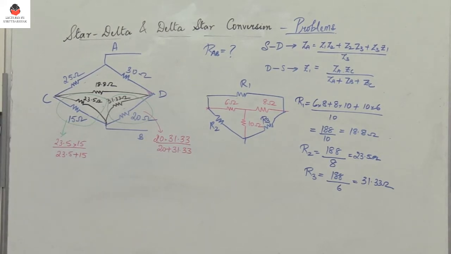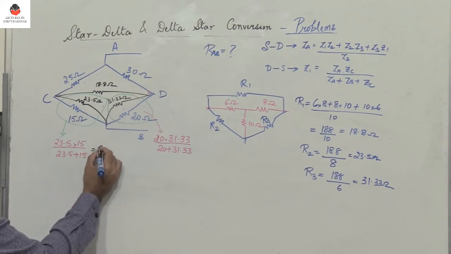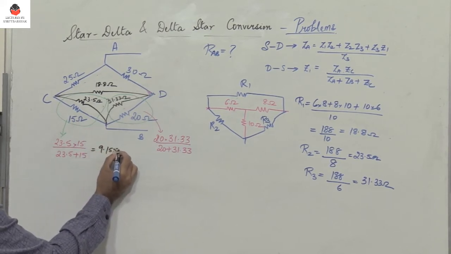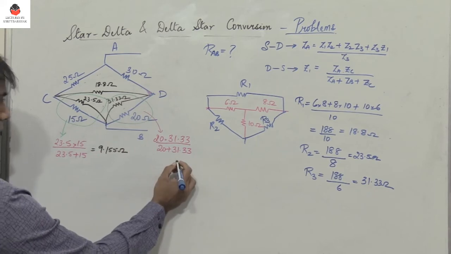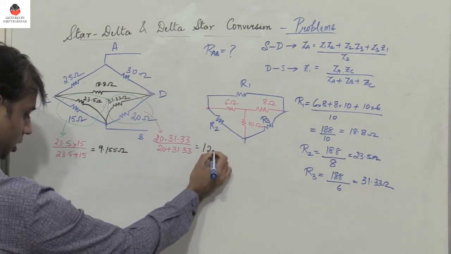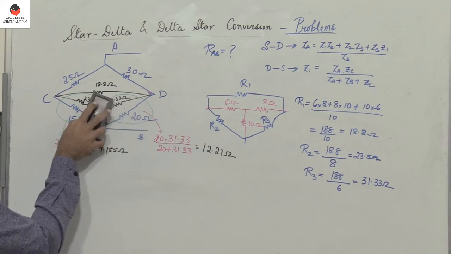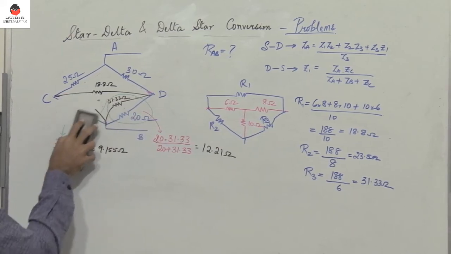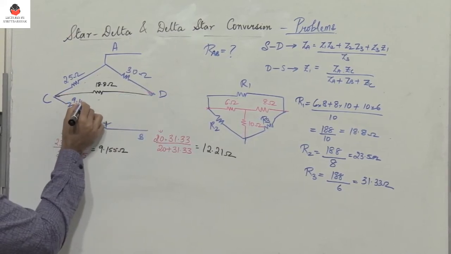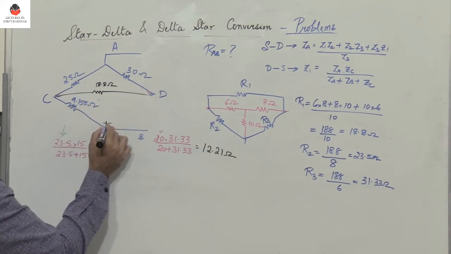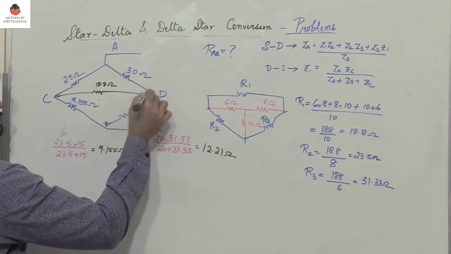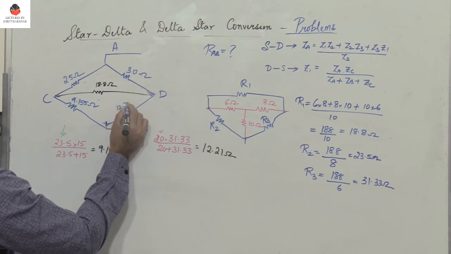So you get the value as 9.155 ohm, and here the value as 12.21 ohm. So now let me replace these two resistors by their parallel values. So we have 9.155 ohm, and here the resistance is 12.21 ohm.